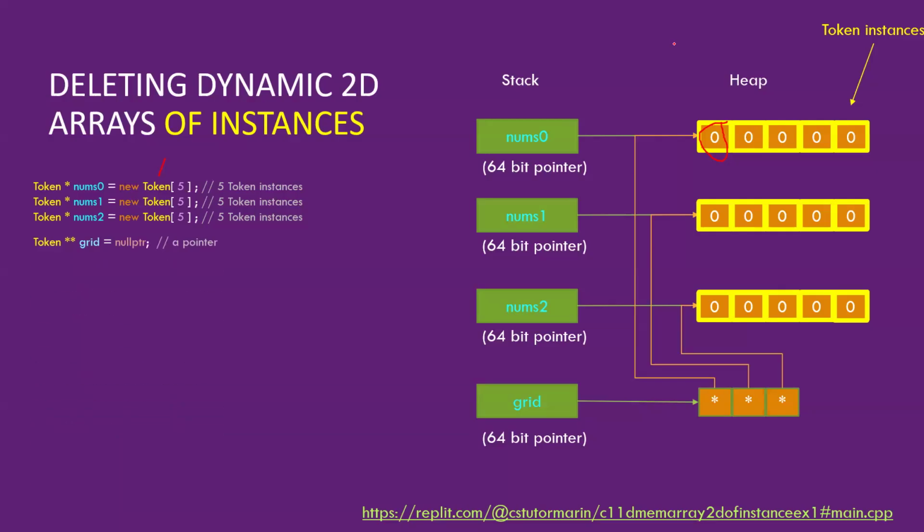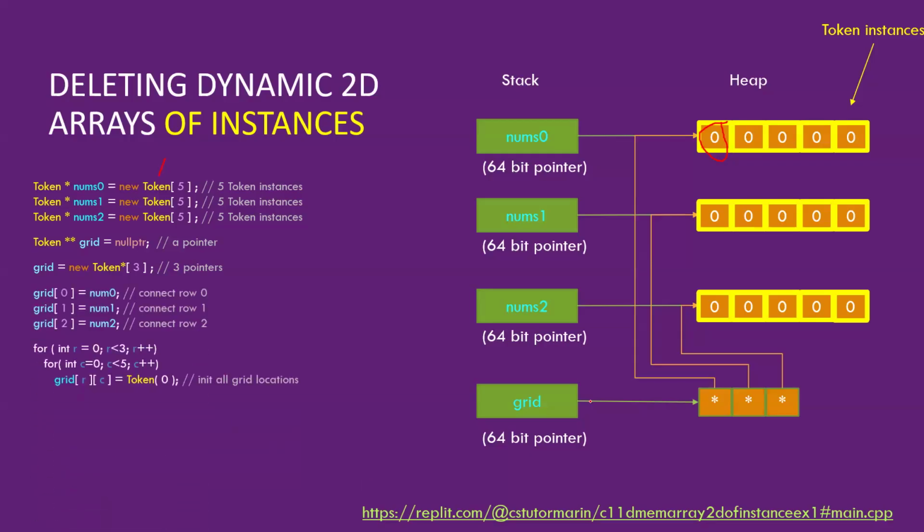So that means that we have a pointer to a token, and the rest are just hopscotching along there. And then our grid is a pointer to a token, right? 3 pointers to tokens, and grid itself is a pointer to a token, okay?